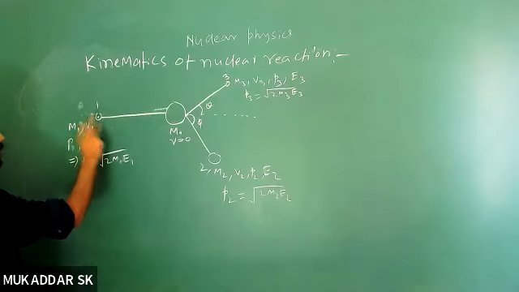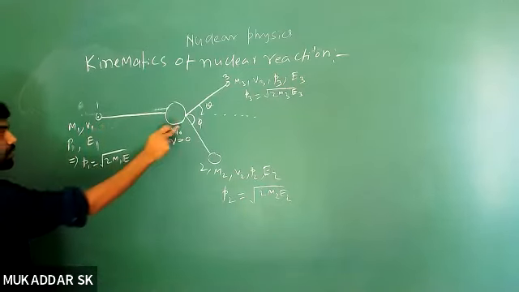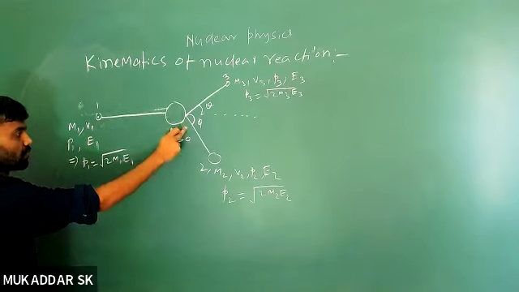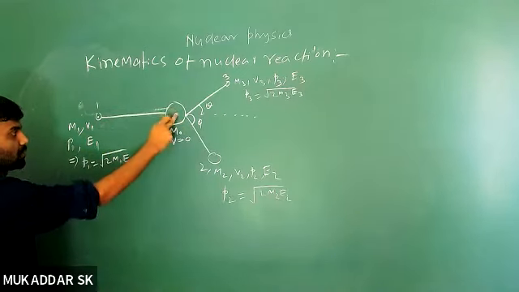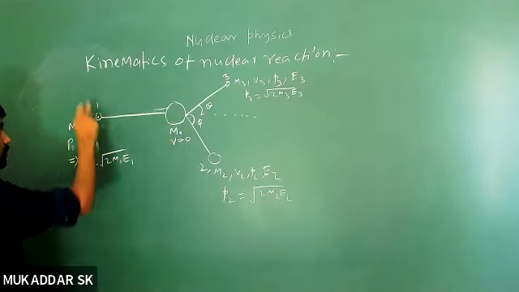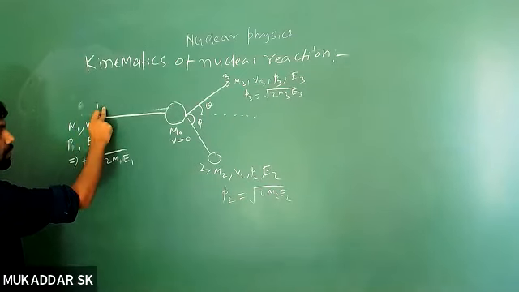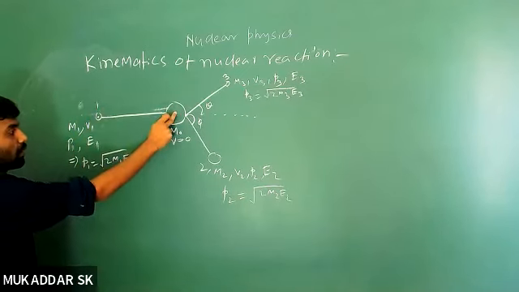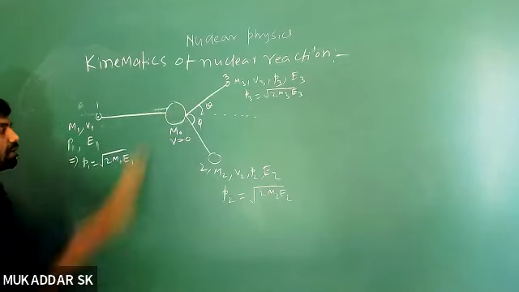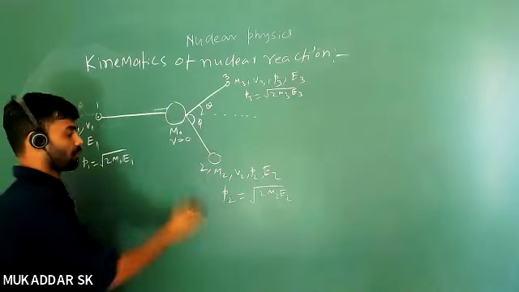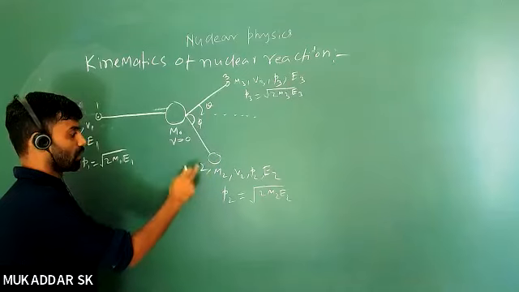The target particle has mass m0 and speed v0, so it is at rest. The incident particle 1 is incident on this target nuclei. After that, there is a production of daughter nuclei denoted by 2.